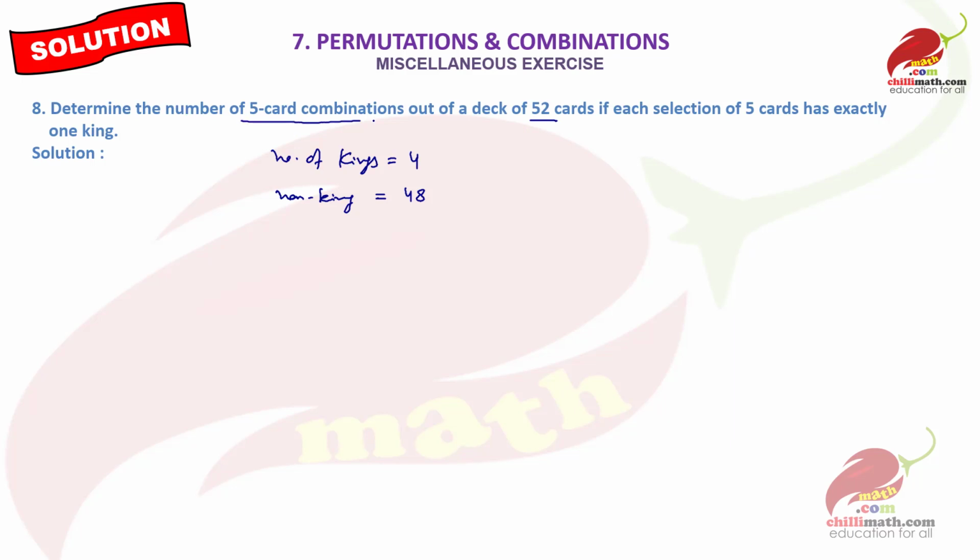Now we need the number of 5 card combinations, and each selection has exactly 1 king. So 1 king can be selected out of these 4 in 4C1 ways, and the rest of the 4 cards can be selected from non-king, that is out of 48 cards. So this can be done in 4C1 into 48C4 ways. This is your answer. You can solve it.